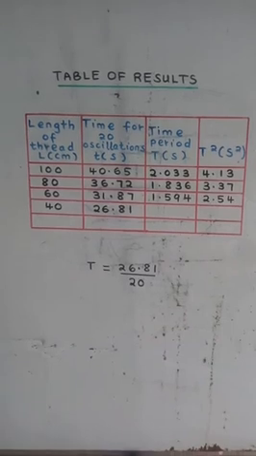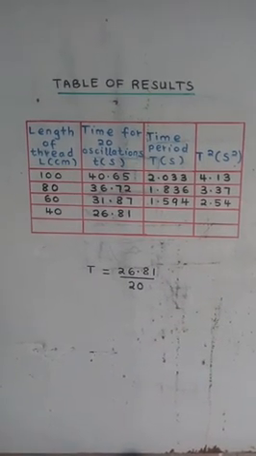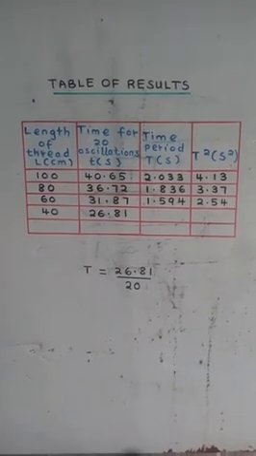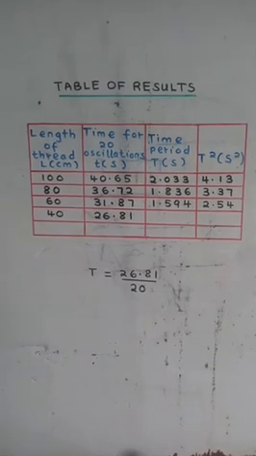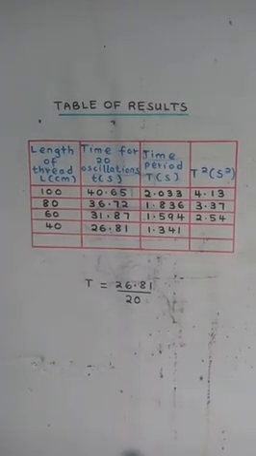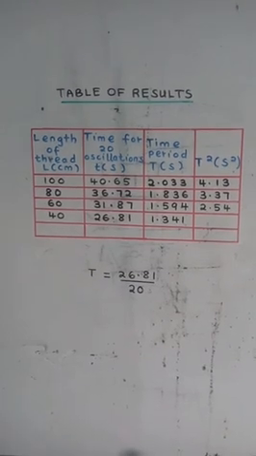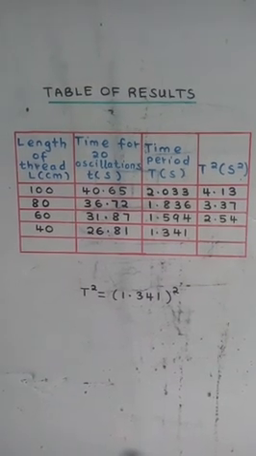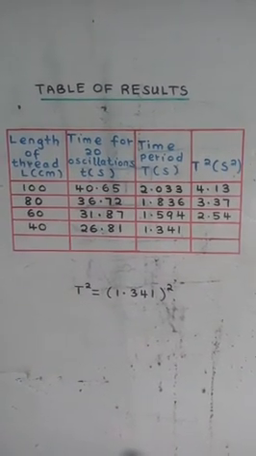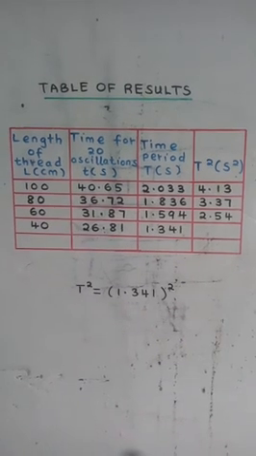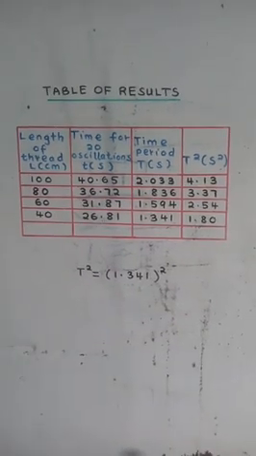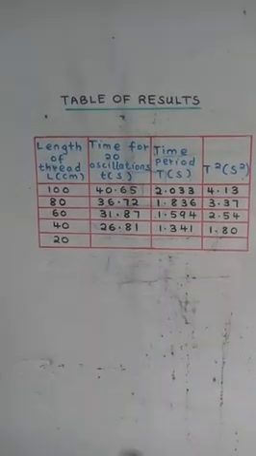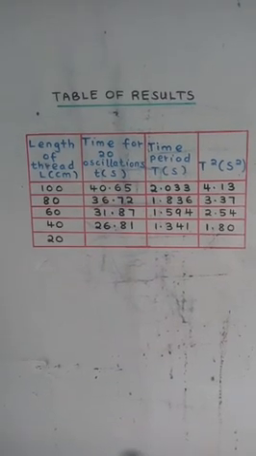Time period for one oscillation is equal to 26.81 seconds divided by 20 oscillations, which is equal to 1.341 seconds. Then time period square is equal to 1.341 square, which is equal to 1.80 second square.